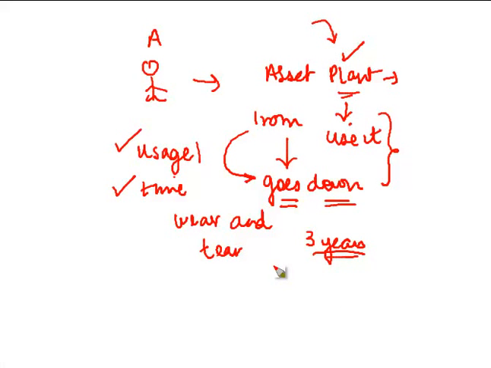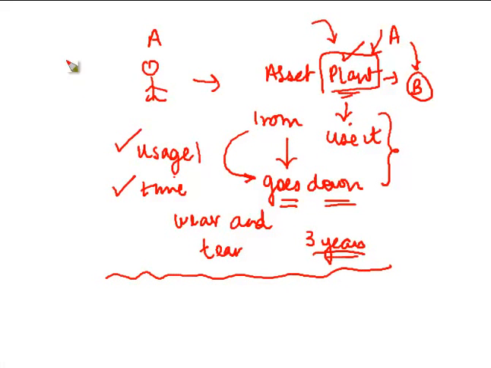We're not asking about technological changes here. So let's say you got technology A in this plant, and 3 years down the line, there's a new technology B, which is very good, because of which you decide to move out the plant. That is not depreciation. Depreciation is the wear and tear arising out of usage.